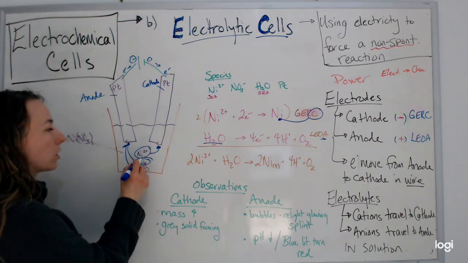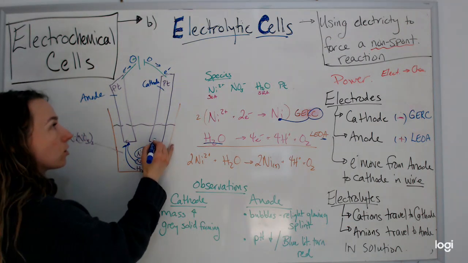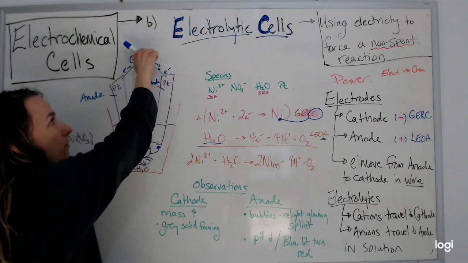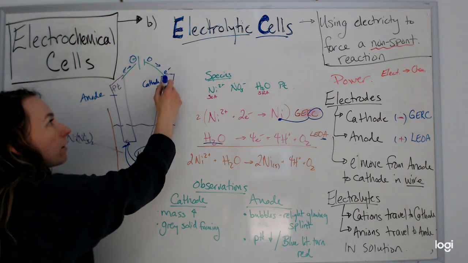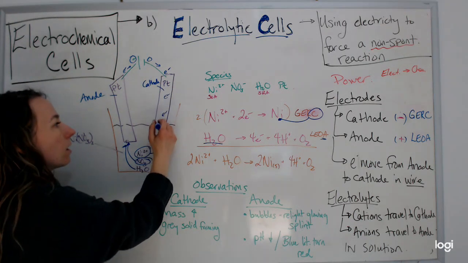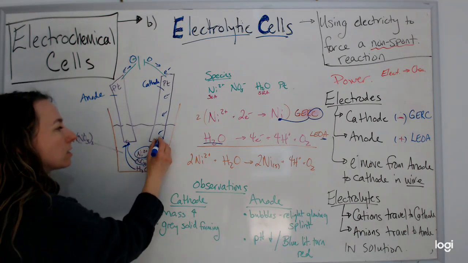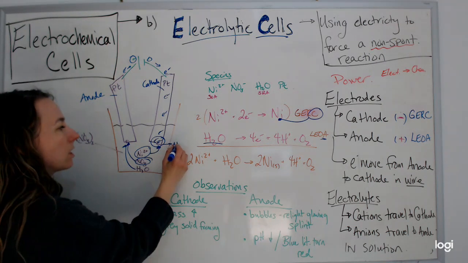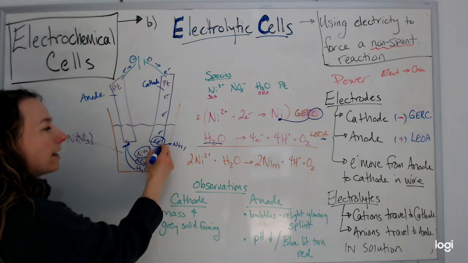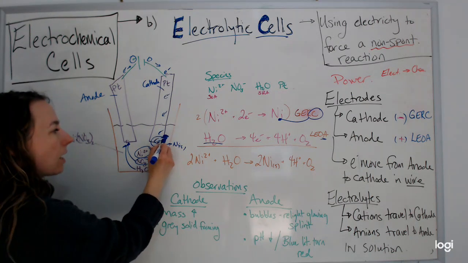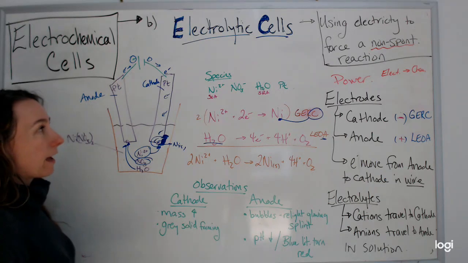So let's just look here. My nickel 2+ ions are coming along. Those electrons have been fired out of the battery. Here they come, here they come, here they come. They get there, the Ni2+ picks them up and becomes nickel solid. And that nickel solid builds up here along that stick.